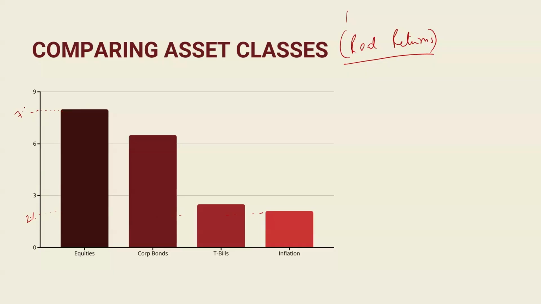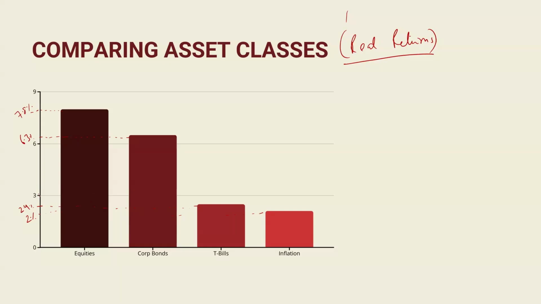So 7.8% for equities, corporate bonds have 6 point something, right? So let's say it is 6.3%. For T-bills, you have almost very similar to inflation levels. T-bills are just protecting your money for inflation. That's it, nothing more than that, 2.4% approximately.